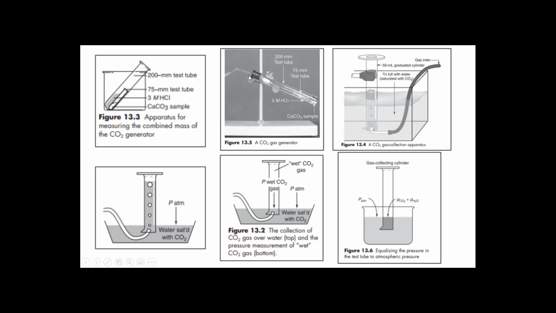There's an inlet, so there's a hole in this stopper, and there's this glass tube that connects to a rubber hose. So when you shake this up and down, it's going to force these two substances to react, which is going to generate CO2.